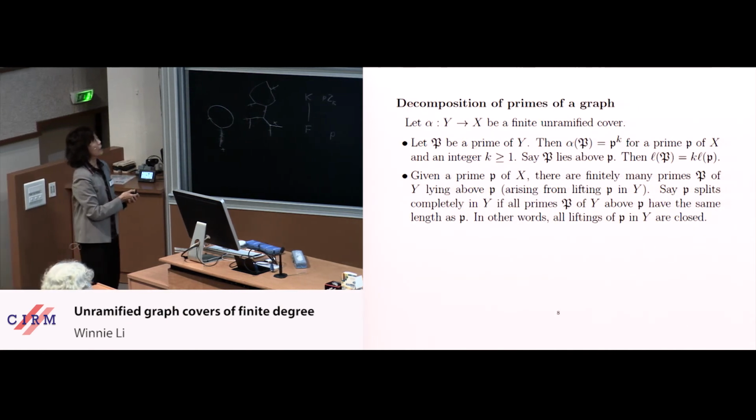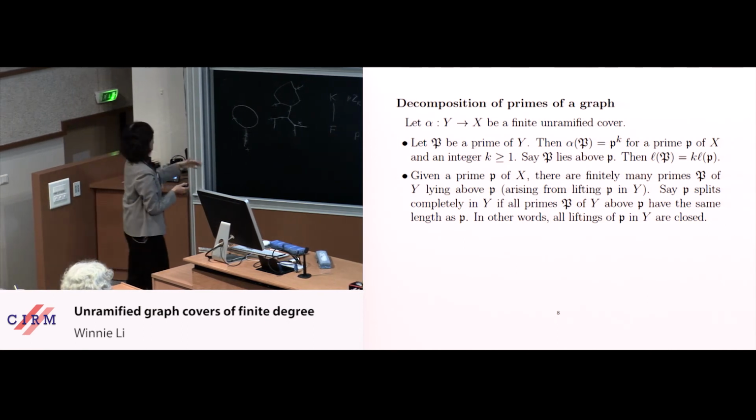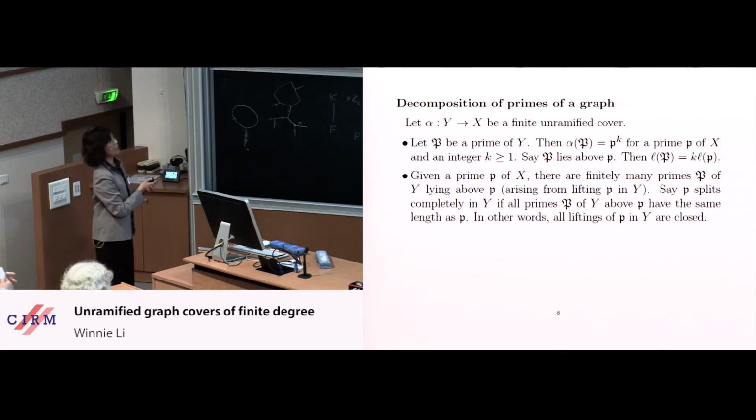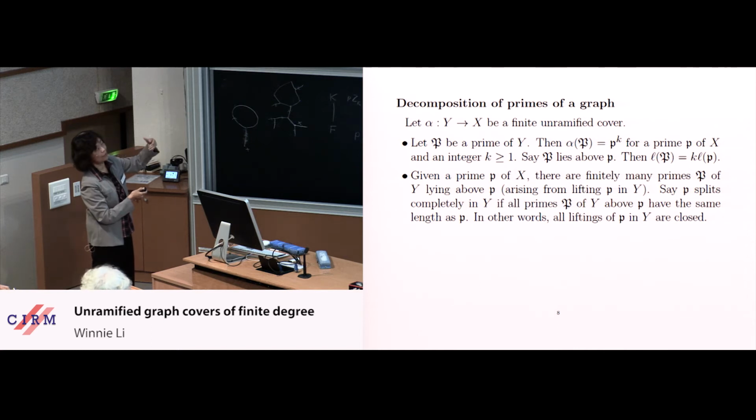Okay. So now that we know what a prime downstairs is and also a prime upstairs, now if I have a finite cover, okay, if I take a prime upstairs, I project it down, then we know that it's also a geodesic cycle, so it is a prime power. Okay. So the length is the length of the prime downstairs times k.